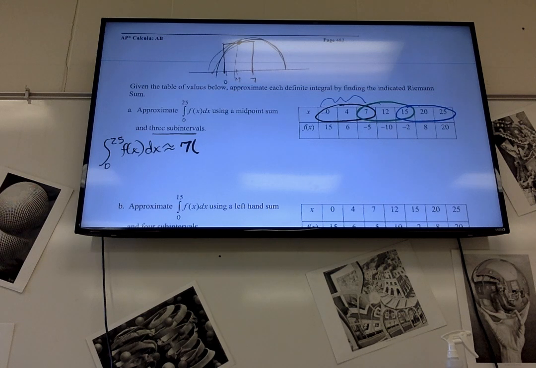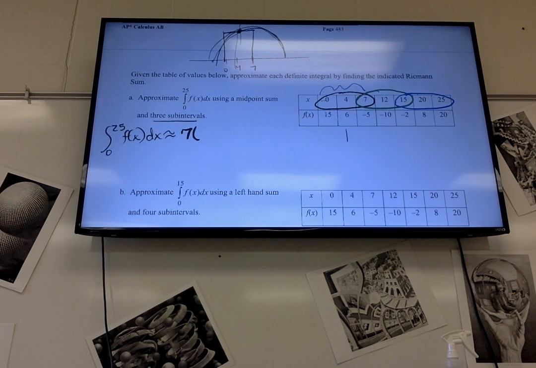So that's the midpoint of that rectangle, although it's not technically the middle. So that means the height is going to be going with this middle number. So our base, or length, or whatever, was 7, and our width, or height, whichever way you want to look at it, is 6.